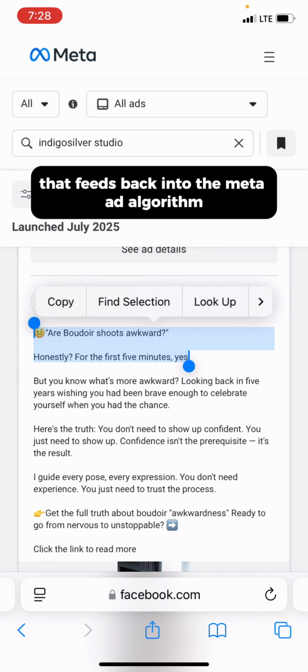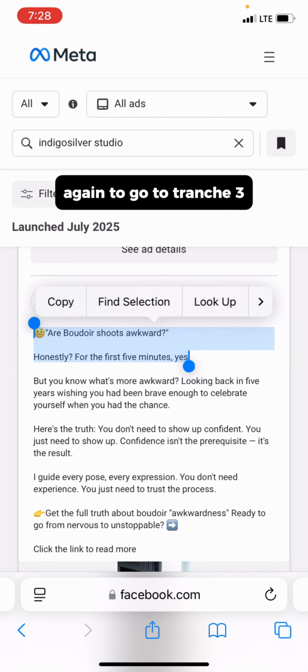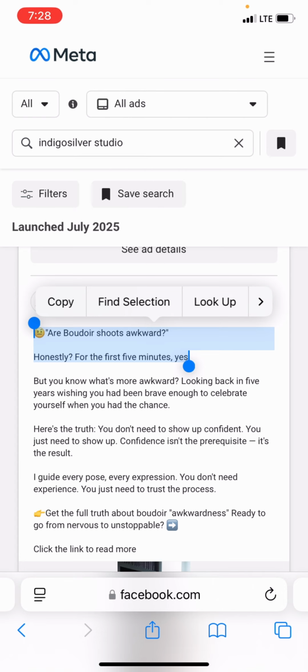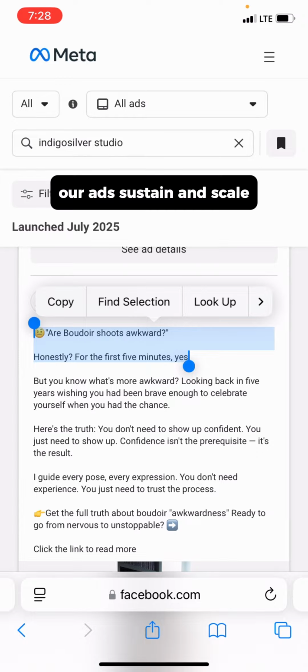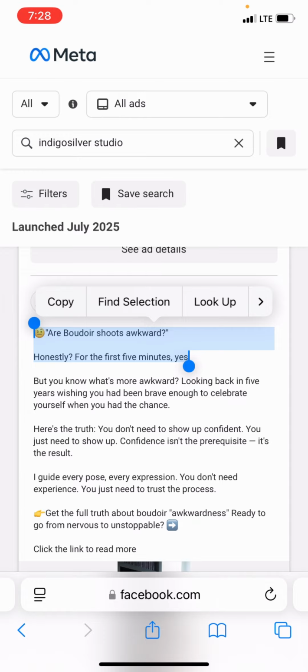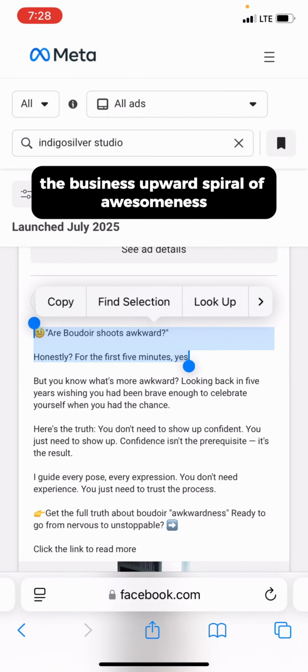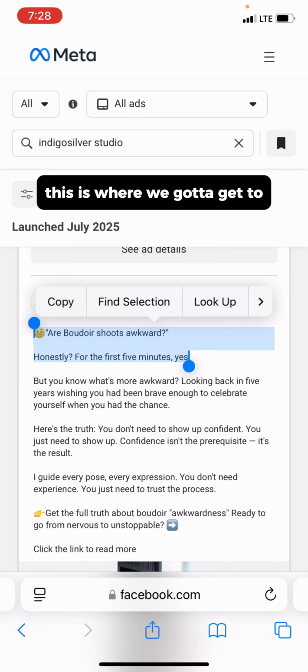That feeds back into the Meta ad algorithm again to go to tranche 3. So again, same ad spend, better results. Our ads sustain and scale. Same ad spend, better results over time. Scale the business. Upward spiral of awesomeness. This is where we've got to get to.